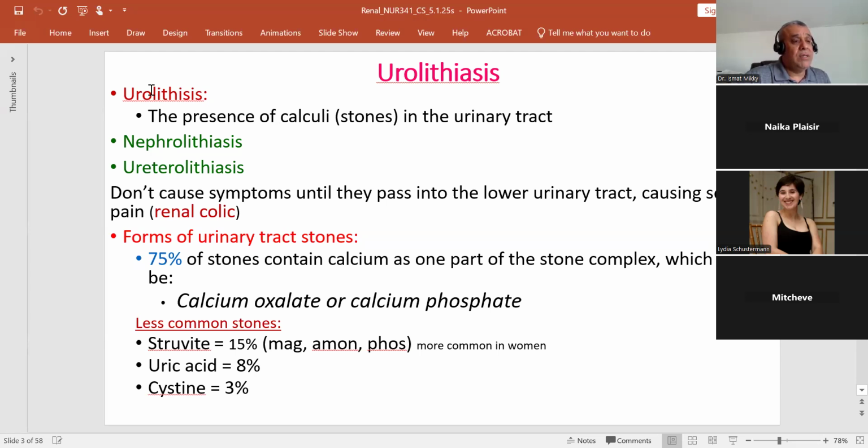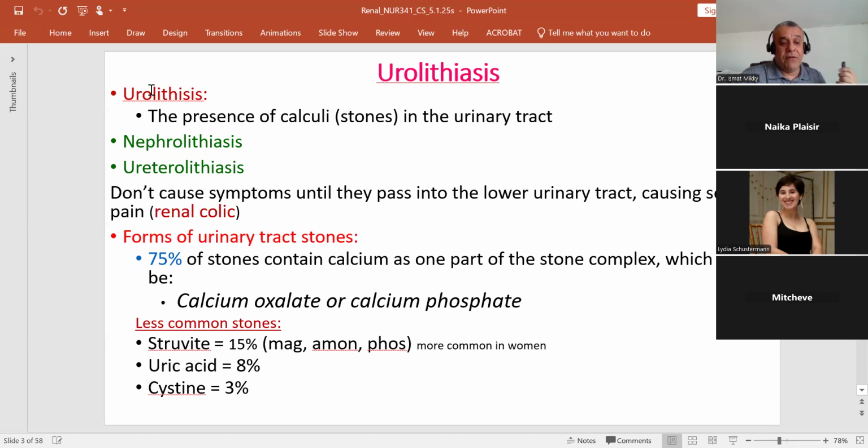So, decreased fluid intake, dehydration, and stone formation. I found a good discussion on this concept. One example of a metabolic problem causing stone formation begins when an excessive amount of calcium is absorbed through the intestinal tract.